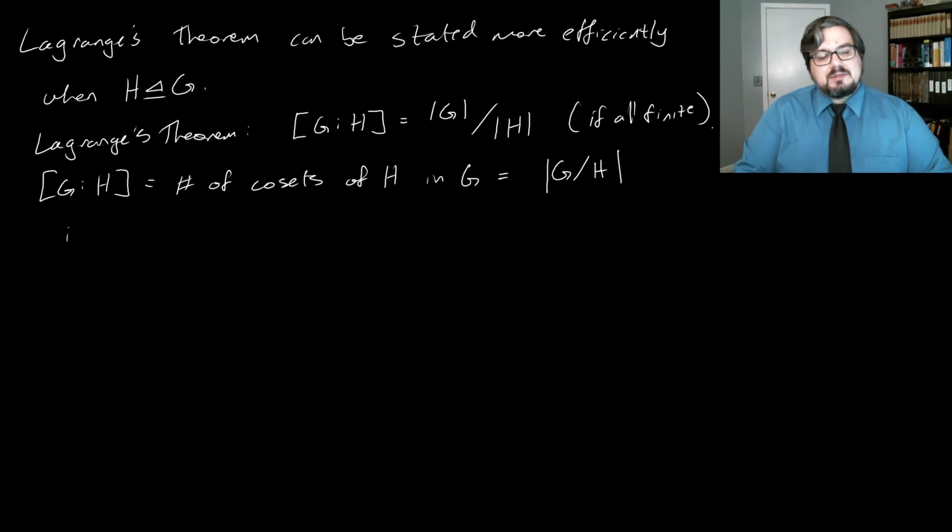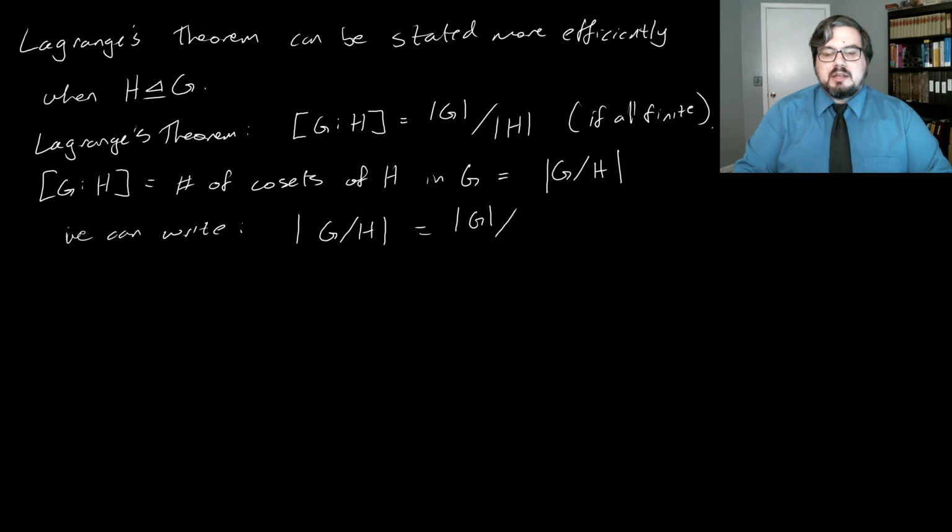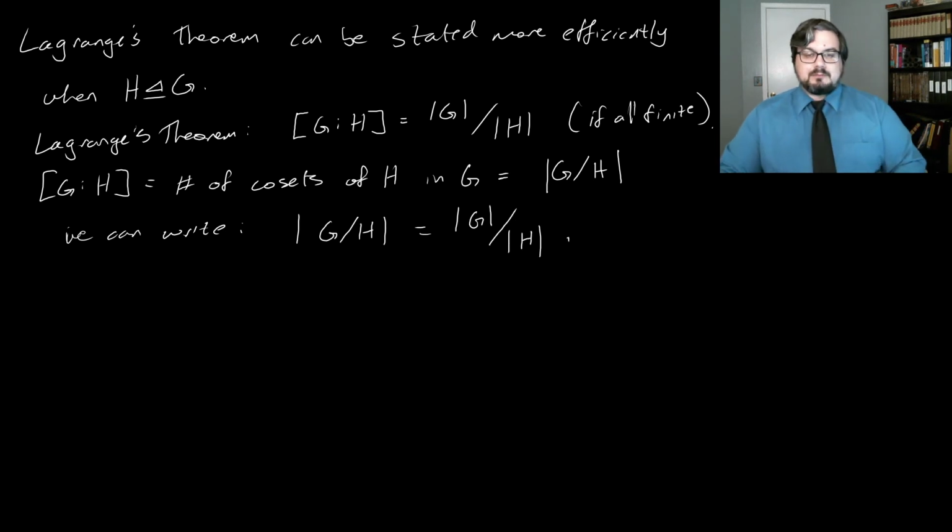So in this case, we can write that the order of the group G mod H is equal to the order of the group G divided by the order of the group H. And this is a very nice way of seeing things.